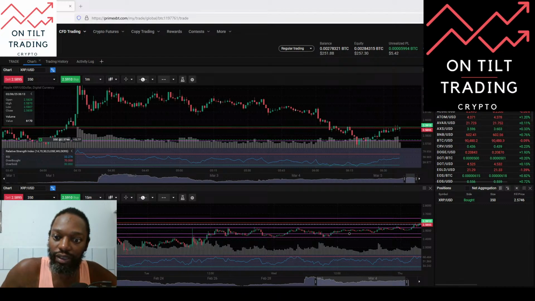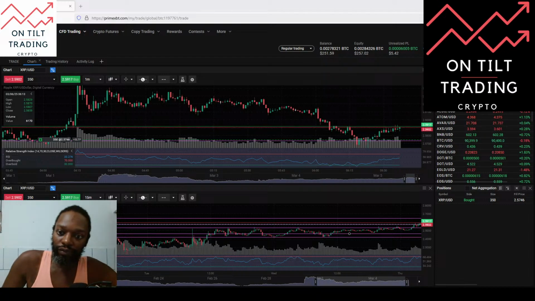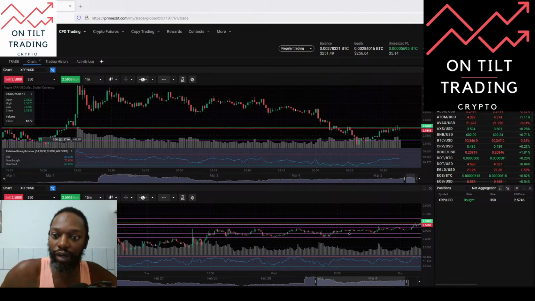It still throws in a wick down here, so anybody who had already set a stop here would already be stopped out if they were managing the risk properly.